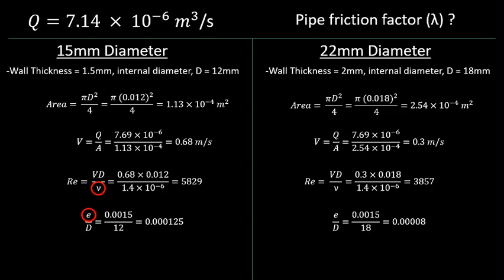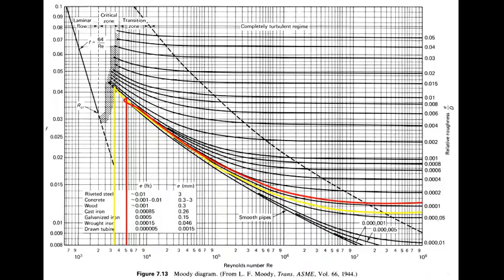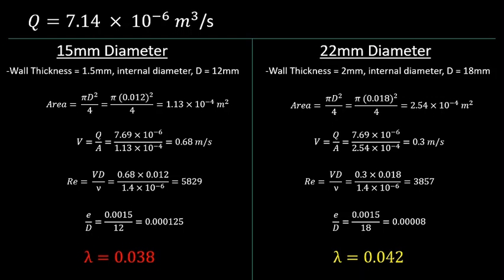And we can now input these axes values onto our Moody diagram to obtain a pipe friction factor. We can see here the value for the 15 mil pipe was 0.038, and the value for the 22 mil pipe was 0.042. And we now have all the information we need to calculate our head losses.